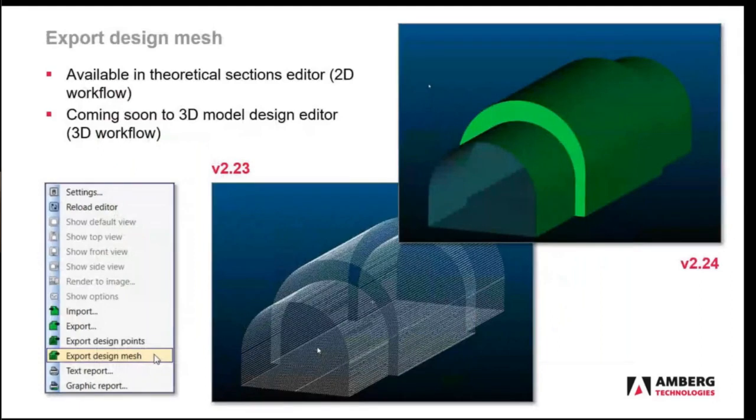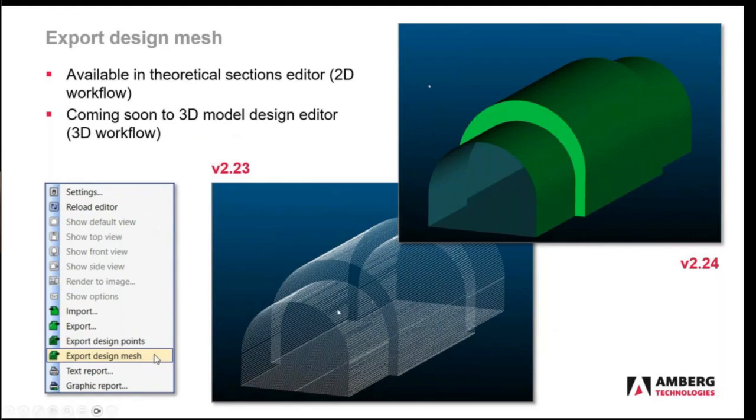Okay, so moving on from IFC, but still on the topic of design data, we now have the ability to export design meshes from the theoretical section editor. So this is the normal 2D theoretical section editor. Previously you could export a design point cloud, like what we see here.